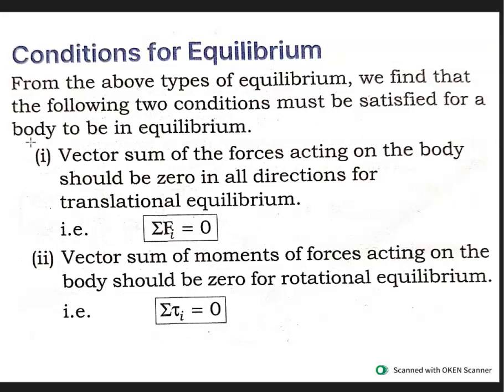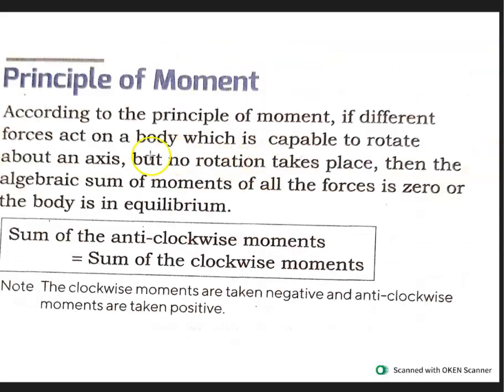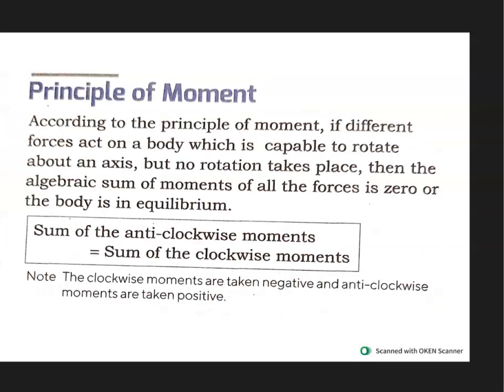So the vector sum of moments of forces acting on this beam balance is also zero. So these are the two conditions required for an object to be in equilibrium. We are going to talk about the principle of moments, which is a very important principle which talks about when an object remains in equilibrium.